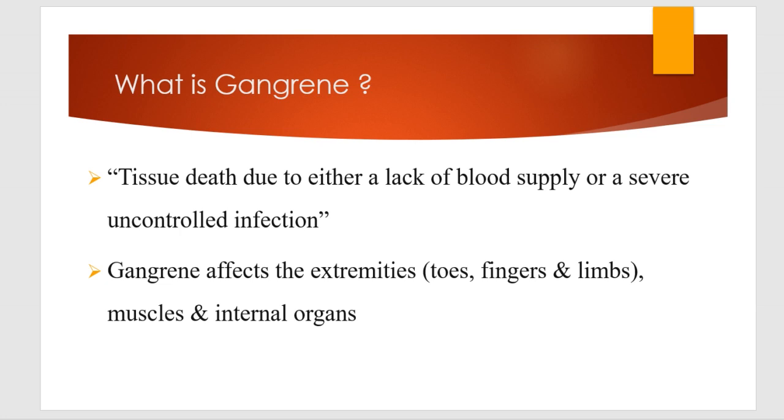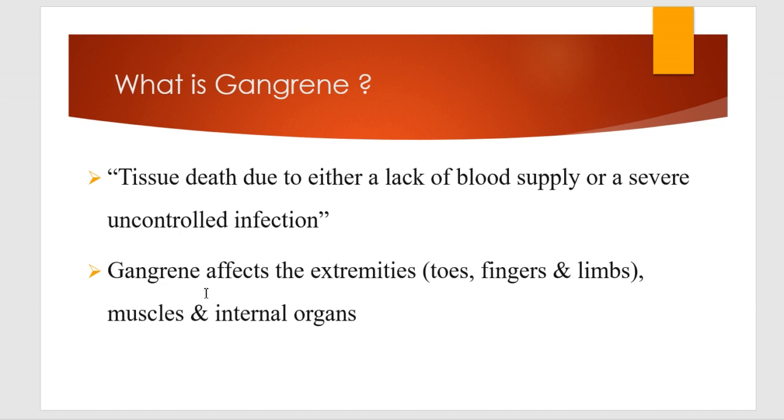Whenever blood supply is impaired, there are several causes, and whenever there is lack of blood supply, that may lead to gangrene. So we can define it as tissue death due to either a lack of blood supply or a severe uncontrolled infection. And again, just remember, this severe uncontrolled infection is going to hamper the blood supply finally.